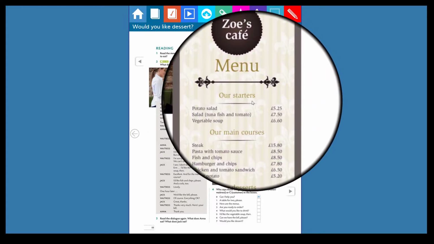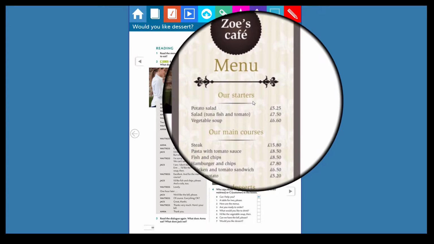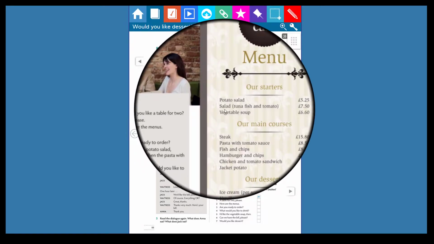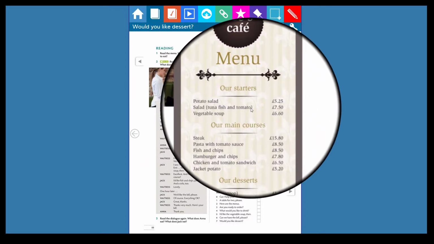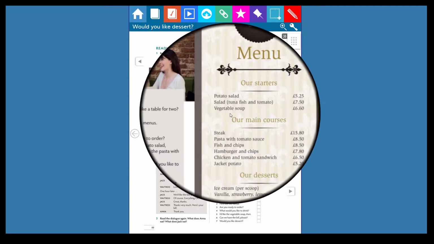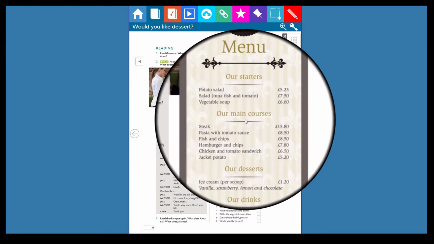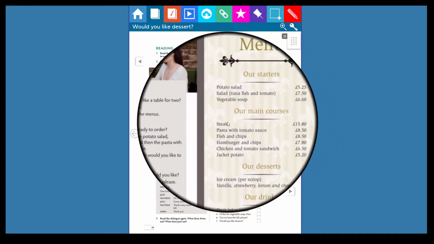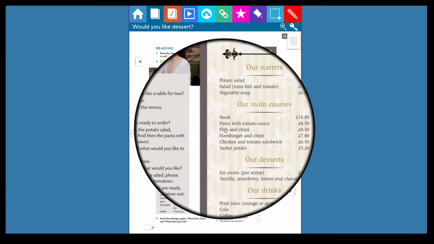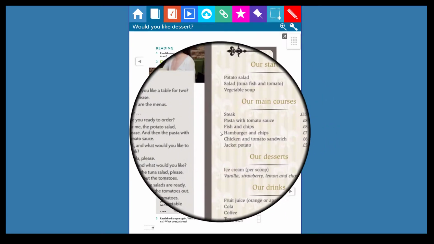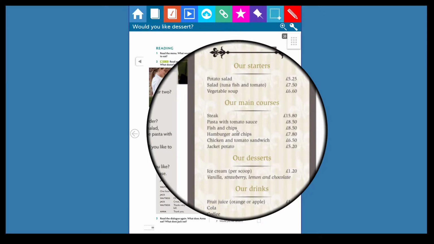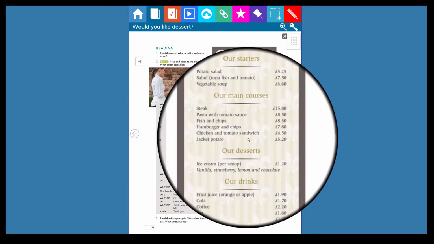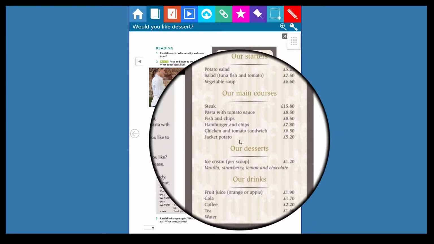Our starters, which are platos de entrada, are potato salad, salad, tuna fish, and tomato, and vegetable soup. Our main courses, which in Spanish is platos principales: steak, pasta with tomato sauce, fish and chips, hamburger and chips, chicken and tomato sandwich, and jacket potato.